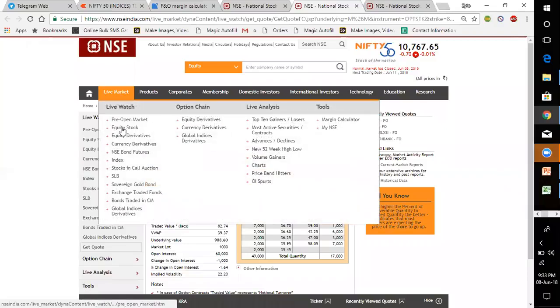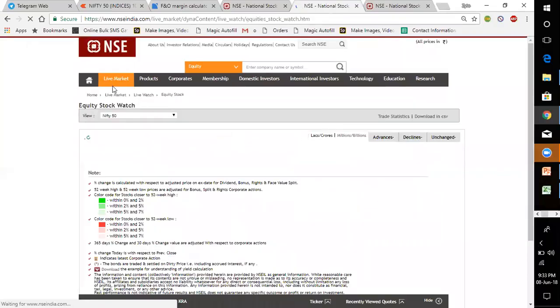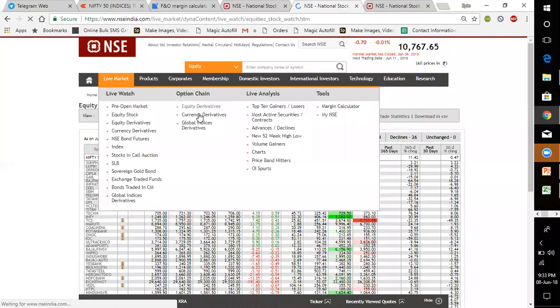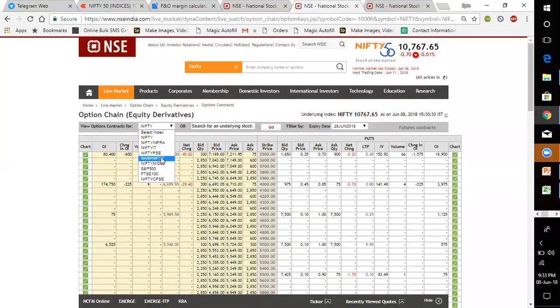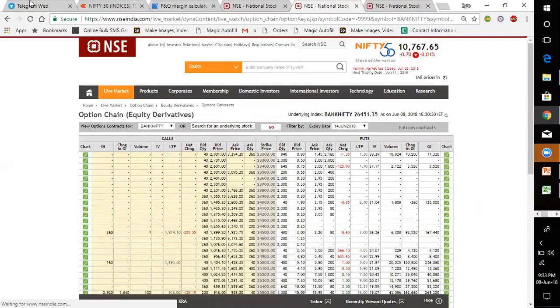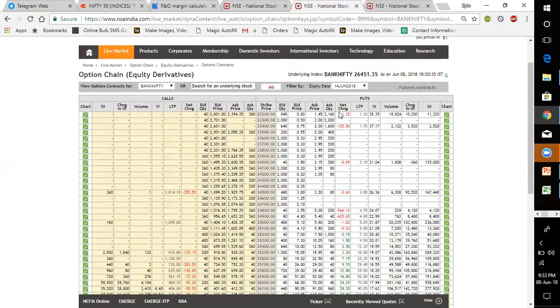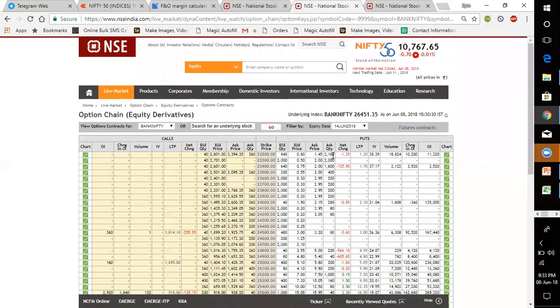So let's go to the Bank Nifty here. See, this is showing the 14th of June, because the last expiry, the 7th of June, has already gone. So suppose today is the 14th of June, and Bank Nifty gets closed at 26,451.